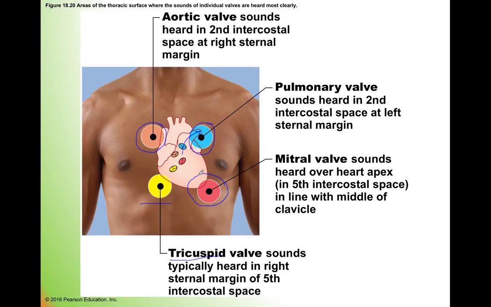Another way, by the way, if I want to hear the mitral valve, is by listening to the apex of the heart. That's the best place to put it to hear the mitral valve. A lot of heart murmurs are associated with damage or problems with the mitral valve.